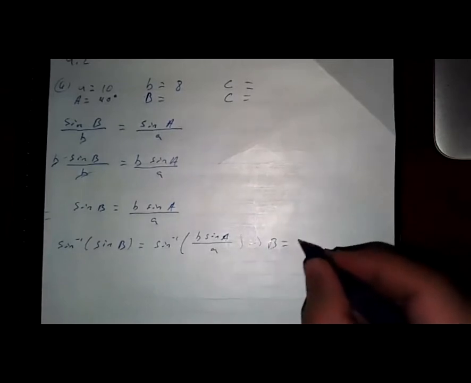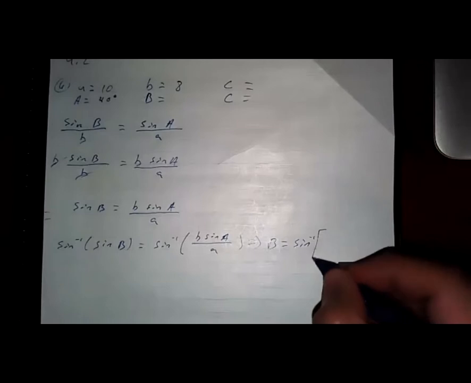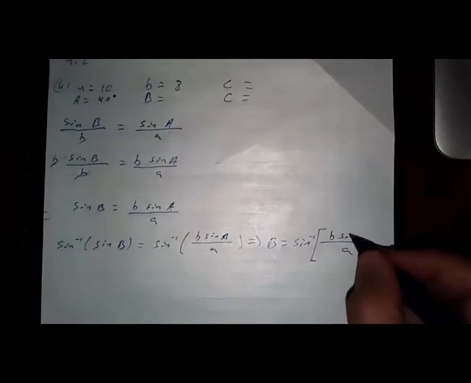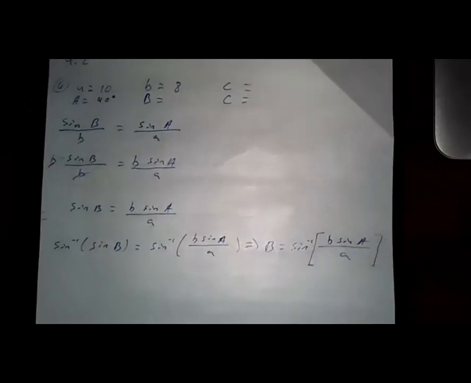So capital B is equal to sine inverse of b sine A divided by a.